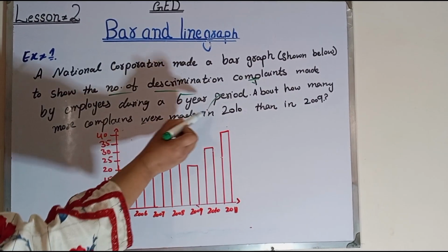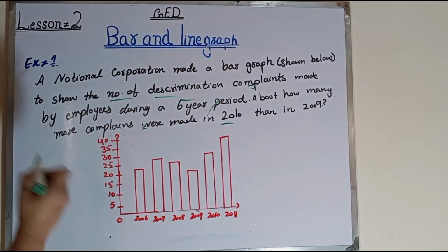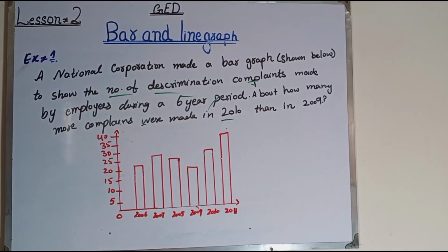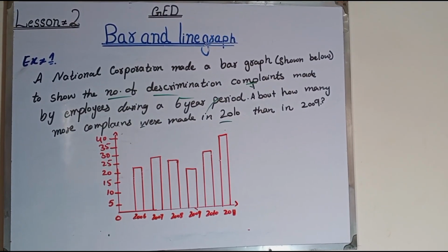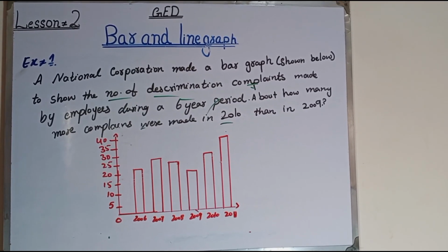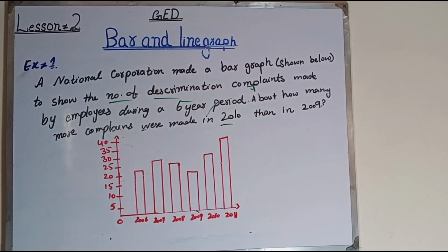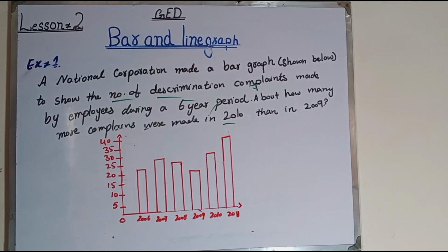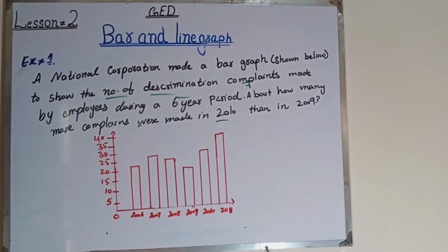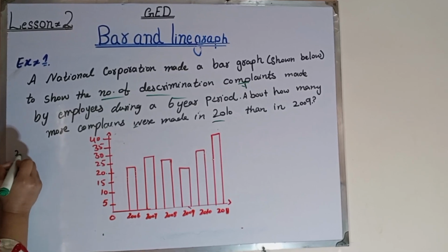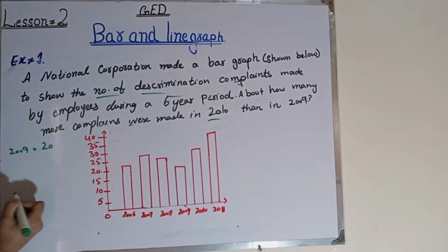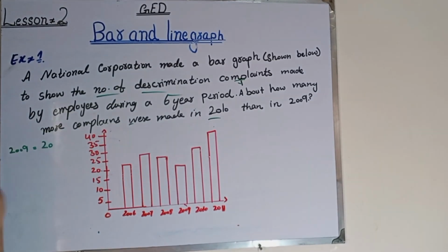Now, how many more complaints were made in 2010 than 2009? Firstly, you will read the labels. Each bar represents the number of complaints made within a year. The years are shown beneath the bars. Next, we analyze the data. Compare 2009 and 2010. In 2009, 20 complaints.